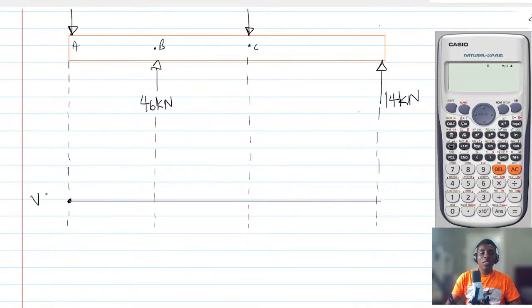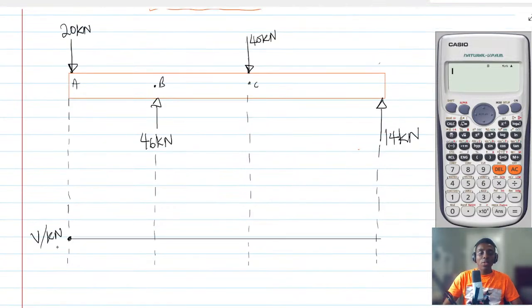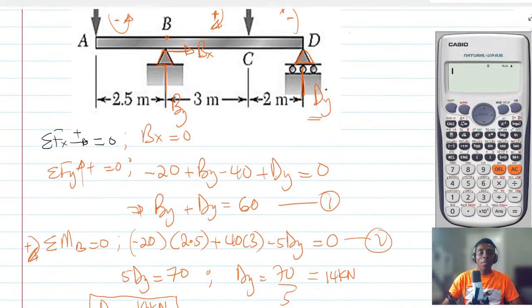And let's call this V, which is shear force per unit kilonewtons. Now this is what we are going to do. First of all, we would begin from point A. Now this is your 0. So I want to teach you how to do this.